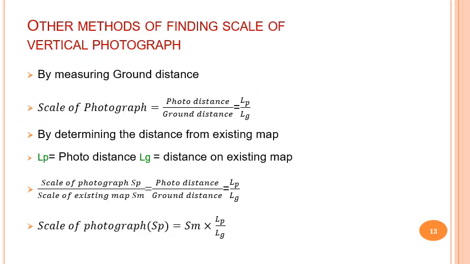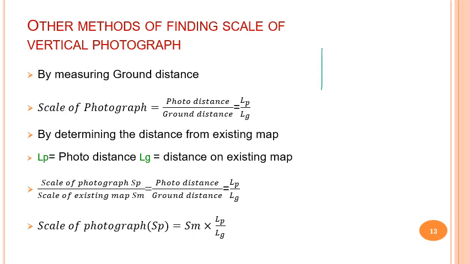Other method for finding the scale of a vertical photograph is by measuring ground distance. Scale of the photograph is the ratio of photo distance to ground distance, that is LP divided by LG.